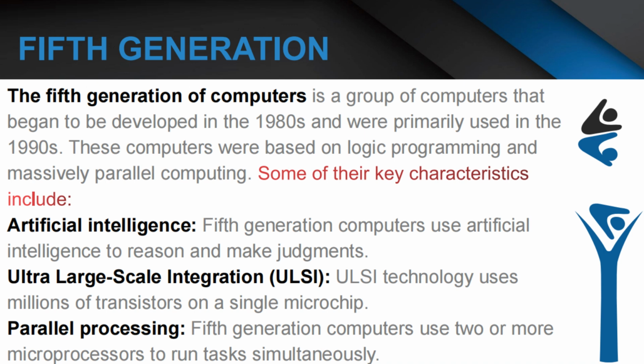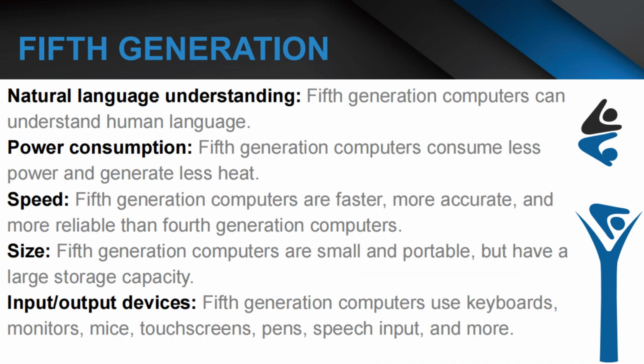Ultra-large scale integration, ULSI: ULSI technology uses millions of transistors on a single microchip. Parallel processing: fifth-generation computers use two or more microprocessors to run tasks simultaneously. Natural language understanding: they can understand human language.